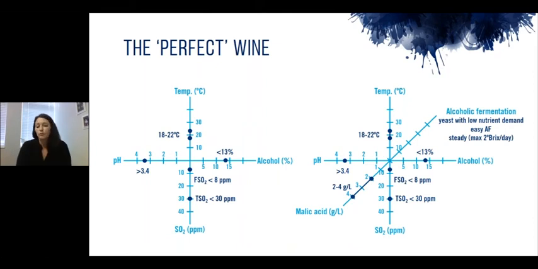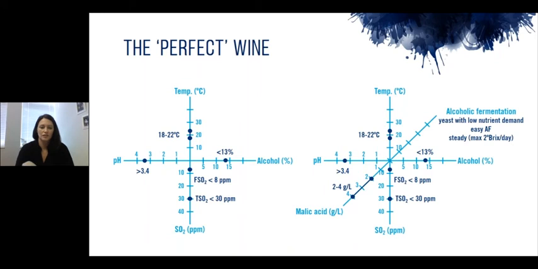And very important, and this is probably one of the parameters not considered a lot, is you need at least 1.5 to 2 grams per liter of malic acid to get the fermentation going and supply enough substrate for the bacteria to do the fermentation.